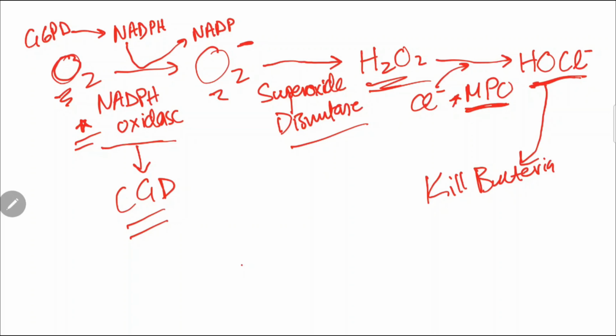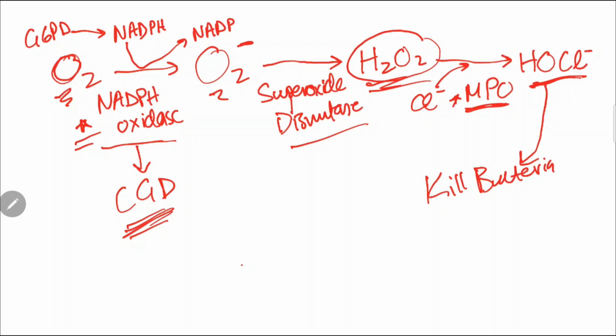Now, what happens in chronic granulomatous disease, right? Since you cannot form these oxide radicals or hypochlorous acid to effectively kill the bacteria, then obviously you will be more susceptible to infections, right? It's not much of an issue earlier on, the reason being that some bacteria or some pathogens form hydrogen peroxide as a metabolic byproduct.